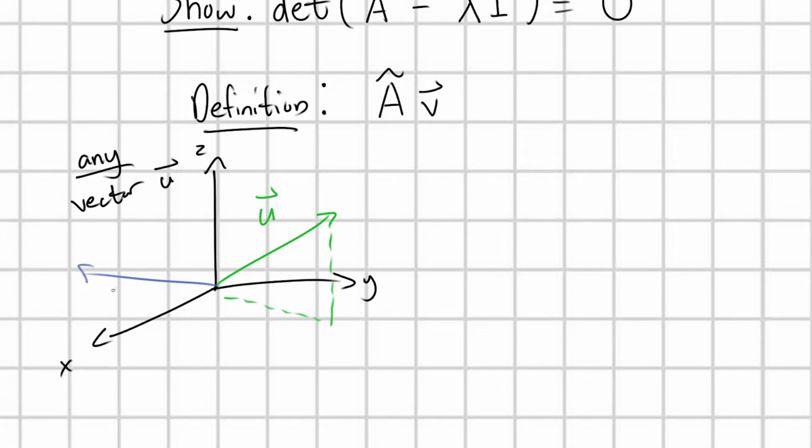A could rotate it, it can scale it, it can do a whole bunch of things. It transforms u somehow. So this is A on u, and it just outputs another vector that's been transformed.